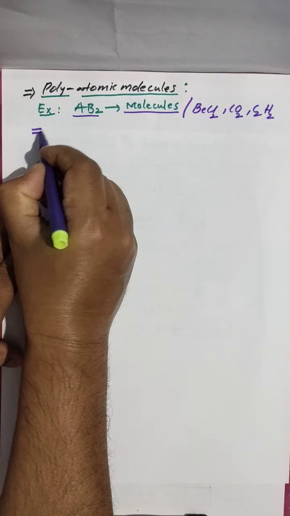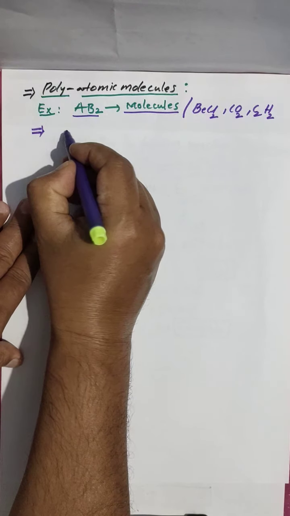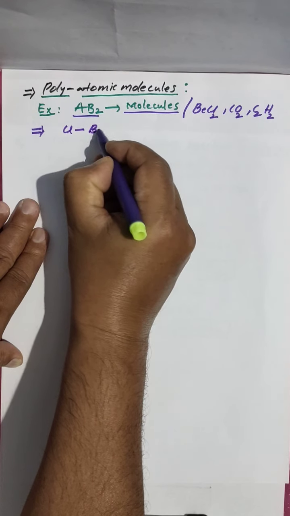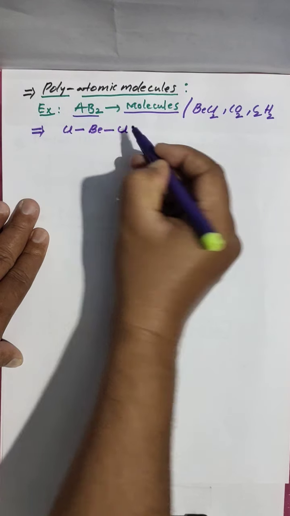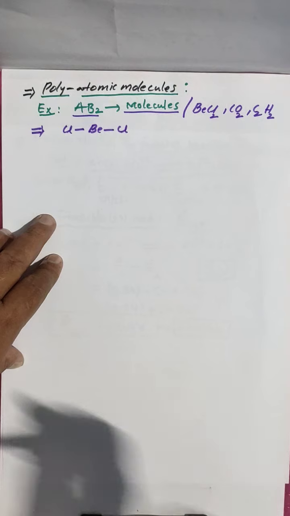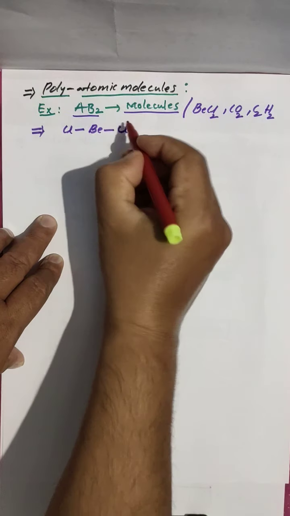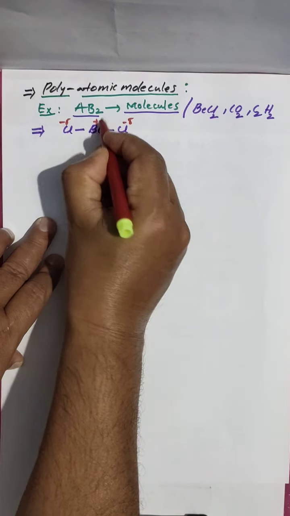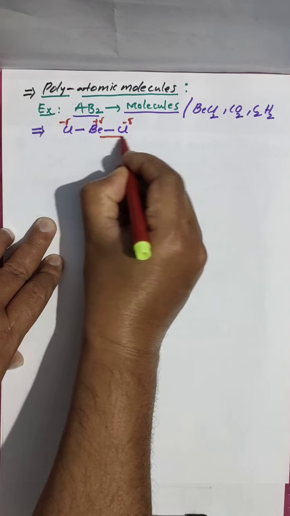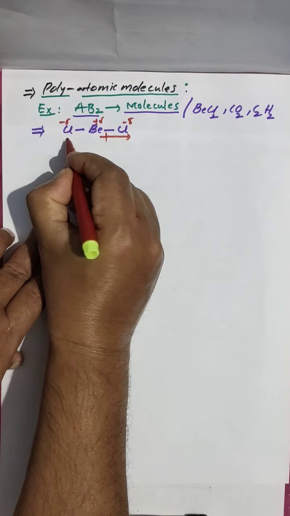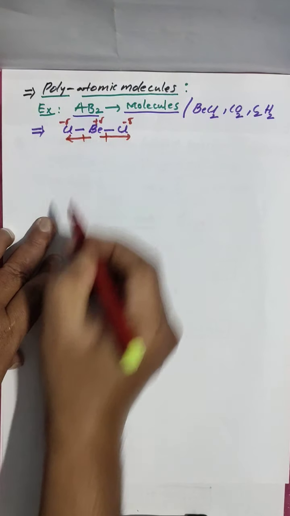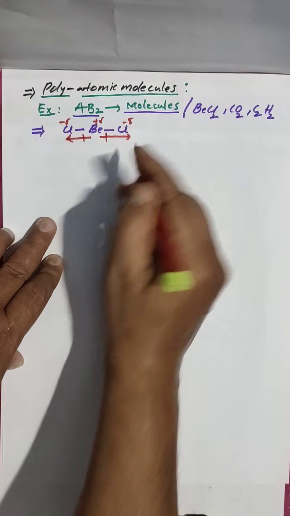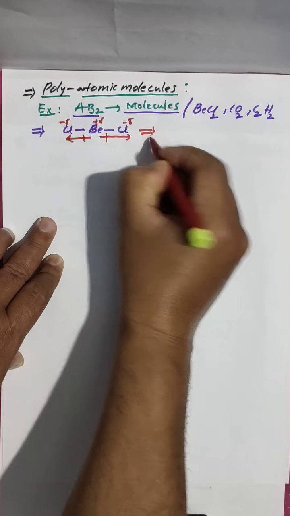Here we are checking polarity. Beryllium chloride: you know the structure, it is linear. It has more electronegative atoms on both sides, and the center is positive. The arrows go from less electronegative to more electronegative. Polarity works this side and that side, which means these two cancel out.